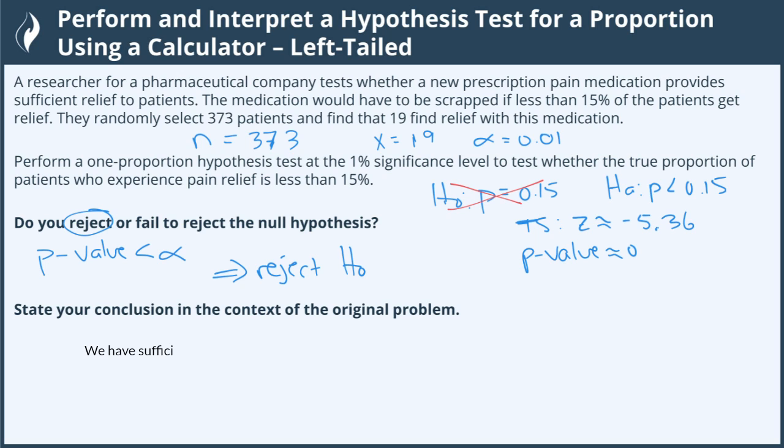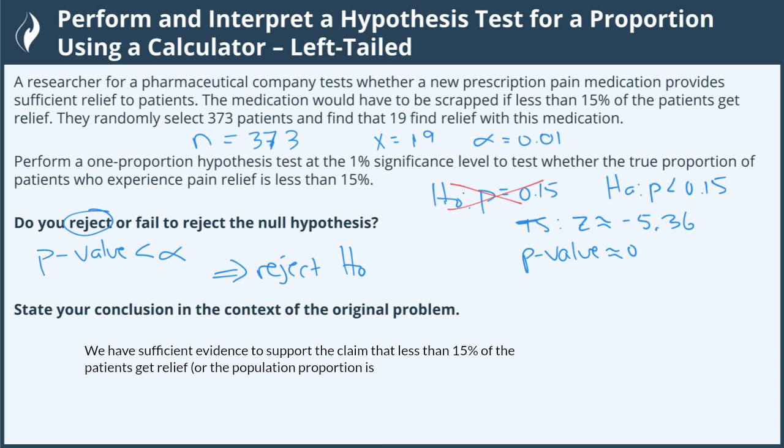We have sufficient evidence to support the claim that, and I'm going to take the rest of this basically from here, that less than 15% of the patients get relief. Or we can say, or the population proportion is less than 15% for this particular situation.